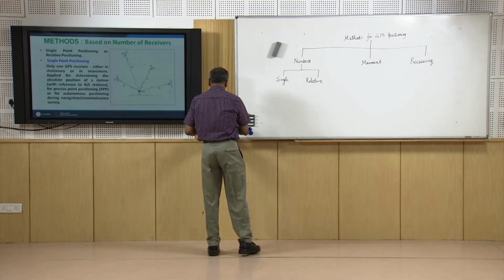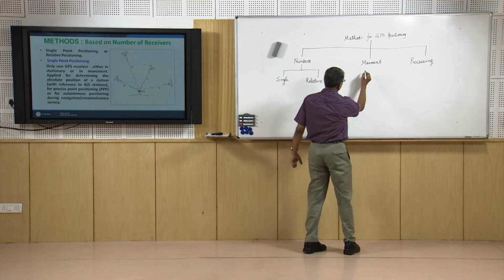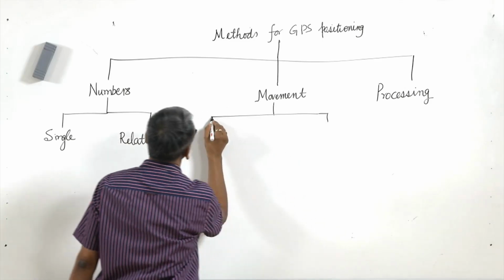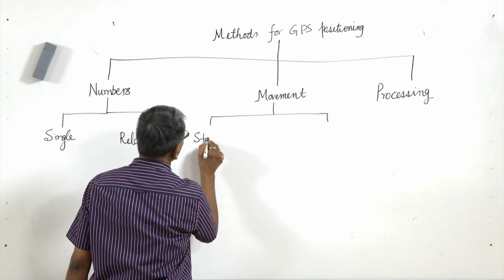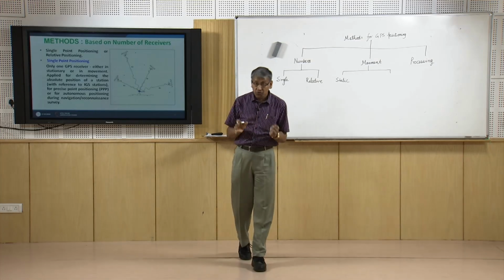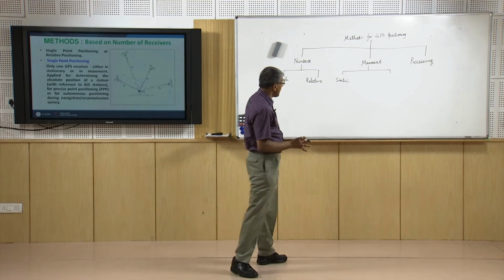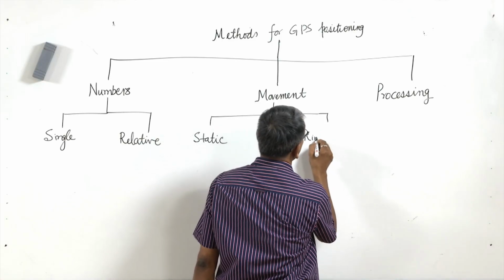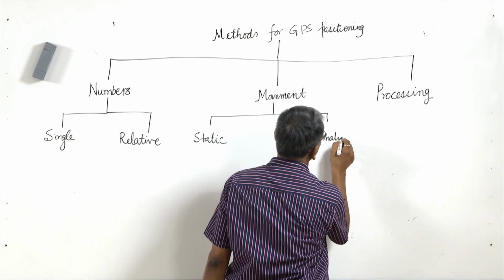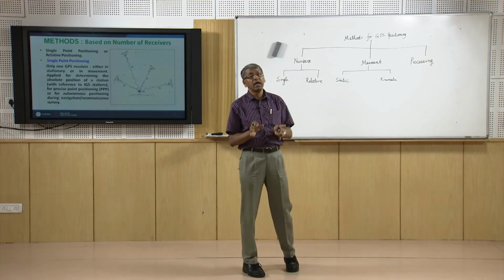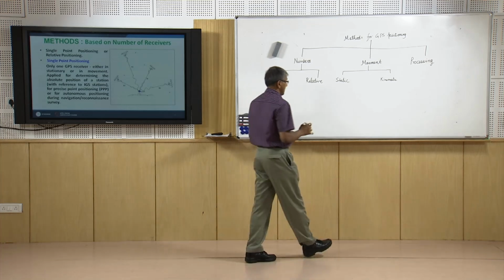Then depending upon the movement, again there may be 2 types. One is called static positioning, where the receivers will be in static condition, and another is called kinematic, where at least one of the receivers should be in a movement condition.